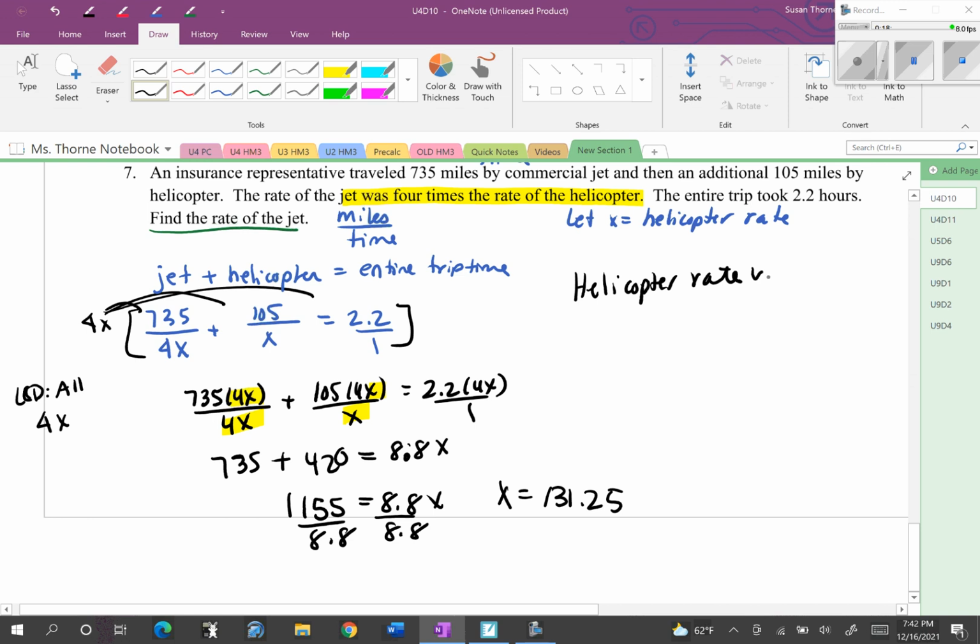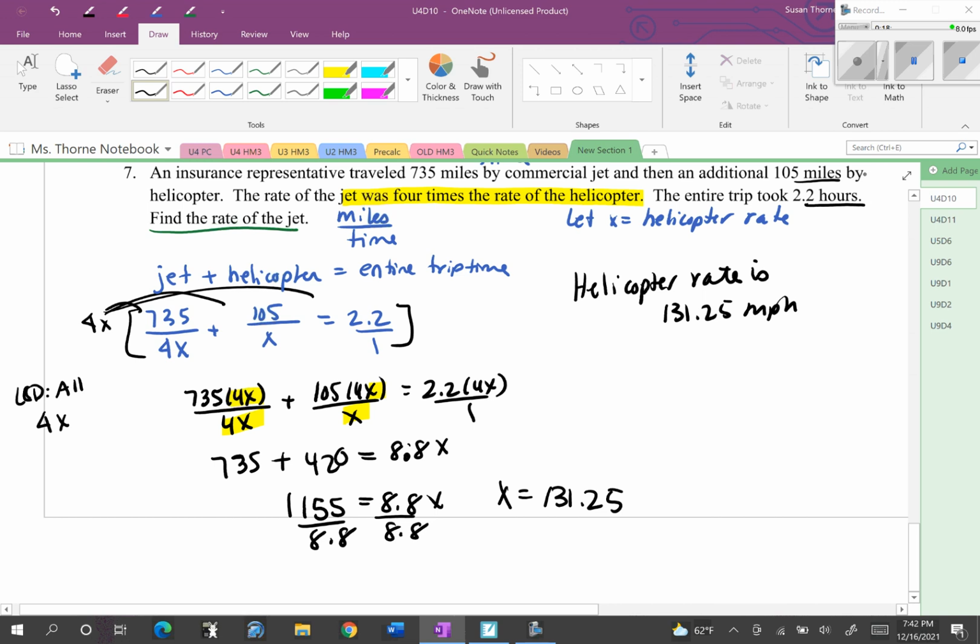So the helicopter rate is 131.25, and we're talking about miles per hour, right? Because it's 2.2 hours and miles, so miles per hour.